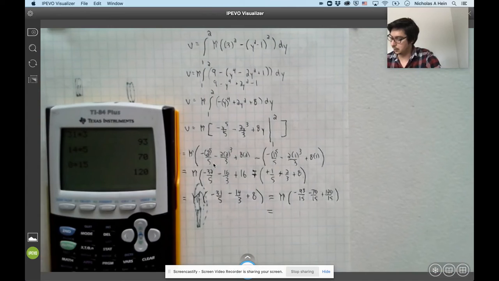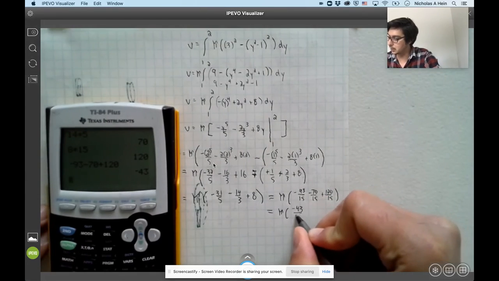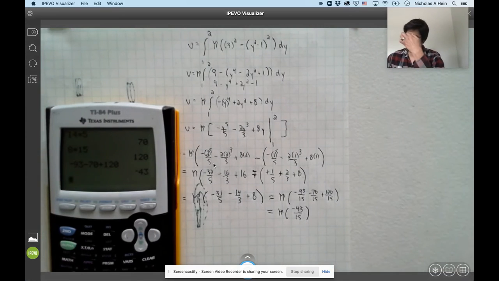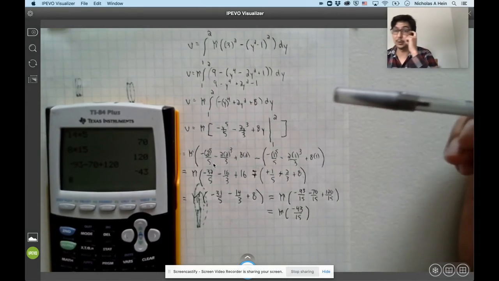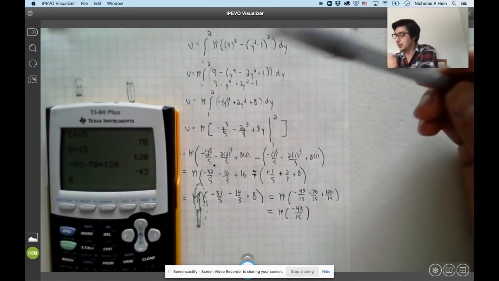So you're going to get here negative 93 minus 70 plus 120. Negative 43. Why are we getting a negative? I made a mistake somewhere in this math. That's a negative volume, and I don't think you can have a negative volume. Where was my mistake? Maybe you caught it already and you're like, this is hard to watch, Mr. Hein, but let's see.